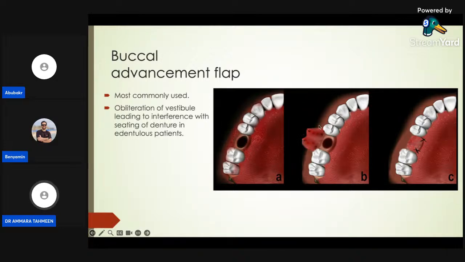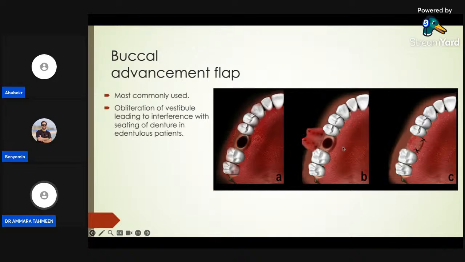Usually if there is very little depth of the vestibule and you opt for this buccal advancement flap, when you pull the flap towards the palatal area, your vestibule becomes very shallow. If the person is going for an implant, there is no problem. It is problematic when the patient is completely edentulous.